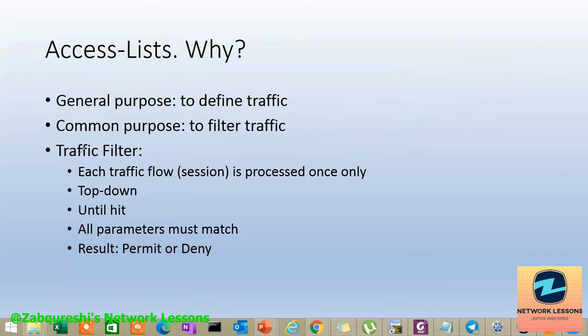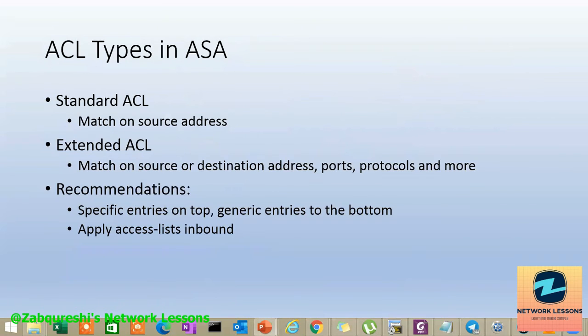Okay, and for traffic filtering, each traffic flow session is processed only once, top down, as I said, and until a hit it will be processed. All parameters must match. The result is permit or deny. So you have an extended ACL here on the Cisco ASA firewalls. The ACL types that I was talking about: you have a standard ACL on source address, but you will not be configuring this.